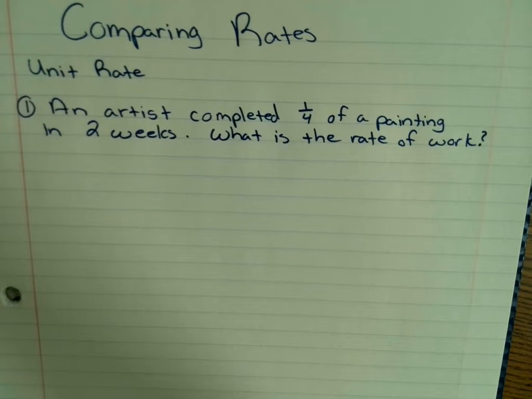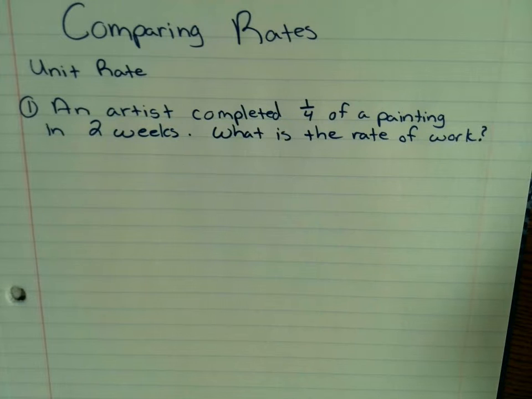Now remember, I told you guys on Friday that when you're setting up a unit rate, there are two things that are very unique. Price is unique because price would always go on top.